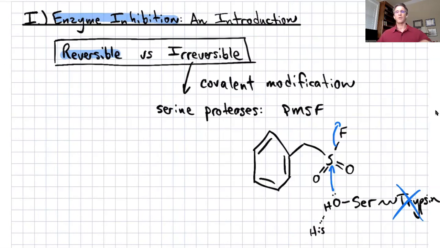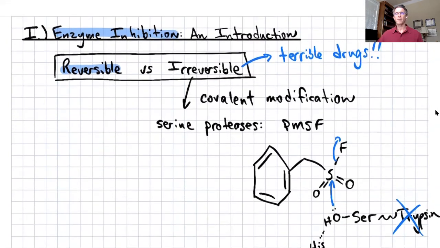Okay. Now, there are lots and lots of examples of this, many enzymes. There are well-known covalent modifiers that will kill them. But an important point here is that in general, irreversible enzyme inhibitors are terrible drugs, right? And the reason they're terrible drugs is because they're incredibly toxic.